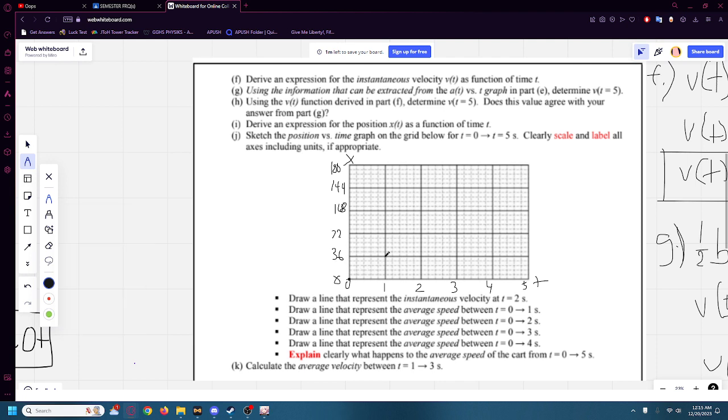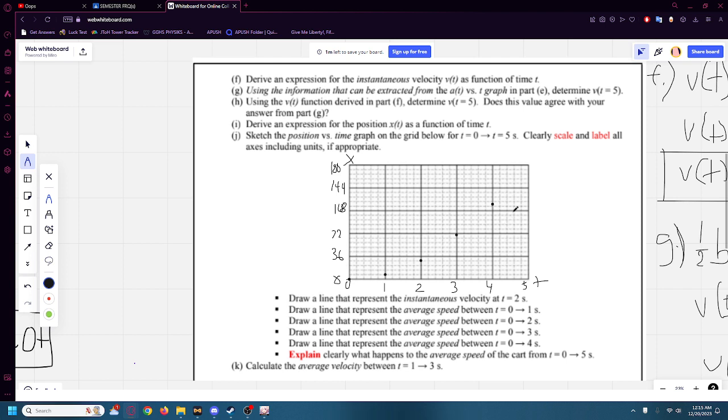So at 1 it is about 28 over 3, which is here-ish. At 2, 104 over 3, which is around here. At 3, it's here. At 4, it's here.